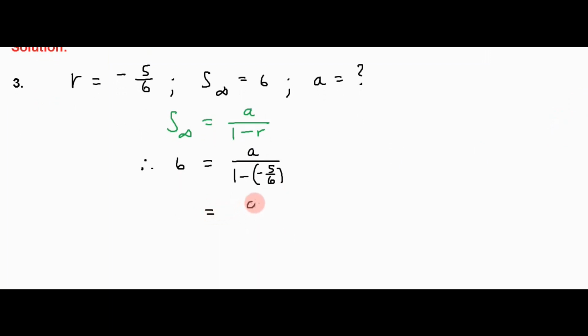So it's going to be A over 1 plus 5 over 6. Now 1 plus 5 over 6 is the same as 1 and 5/6. 6 times 1 is 6 plus 5 is 11. So it's 11 over 6.